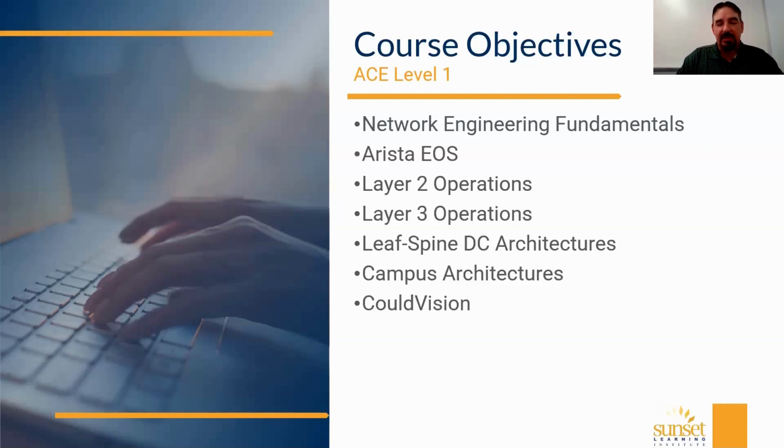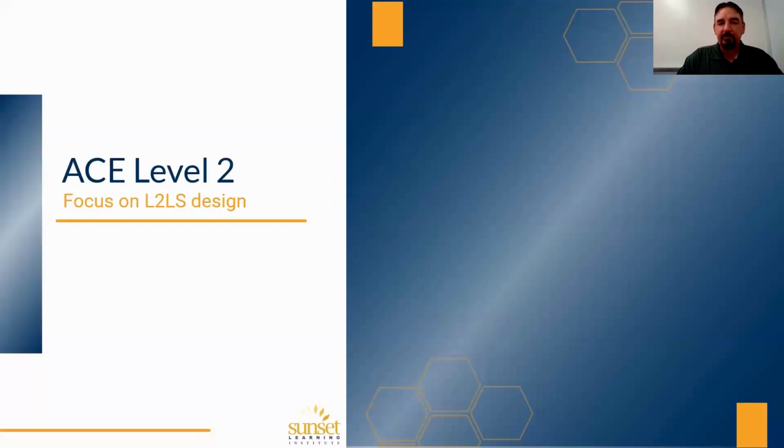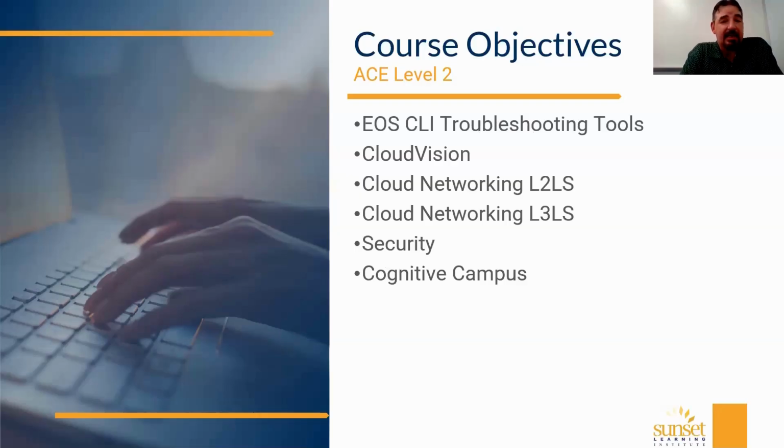So that's one of the things we start to deal with. Going on to ACE level 2, again, it's more of a CCNA-ish feel, if you will. The focus is more on a layer 2 leaf spine type of design inside a data center. And again, we'll go through and show you the different modules that we'll see.